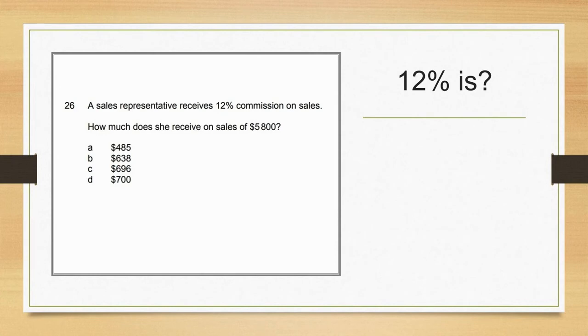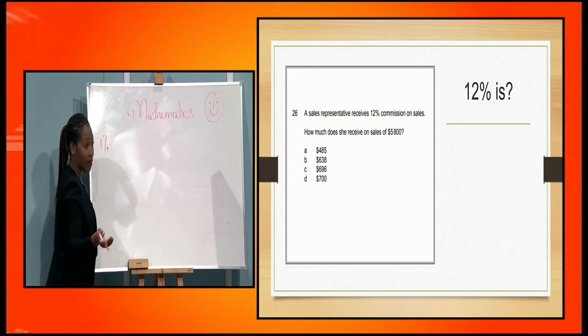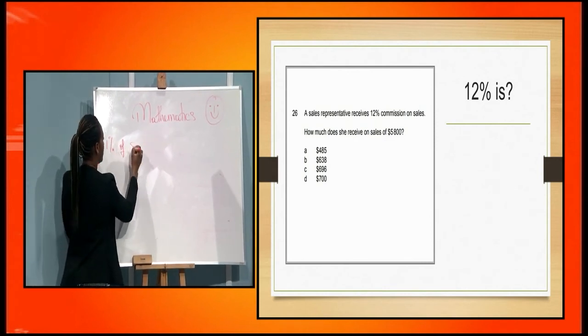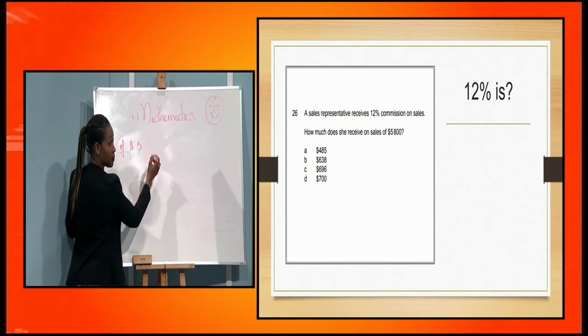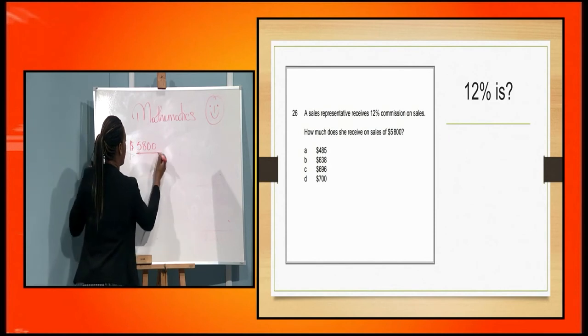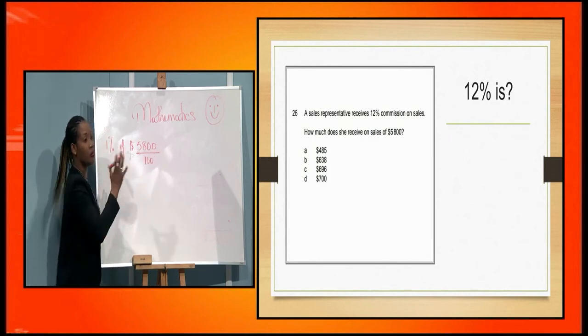We can definitely start off by finding 1% of 5,800. So let's do that first. I find the 1% way quite easy. If you like the other way, you're fine to work that way as well. So 1% of $5,800 is simply, you divide by 100 because the 5,800 represents the whole.